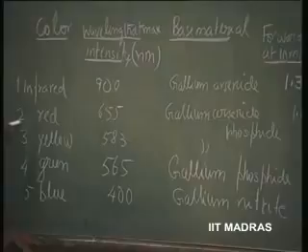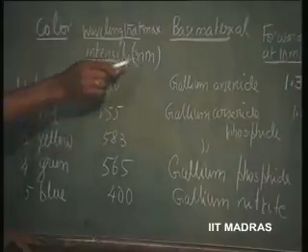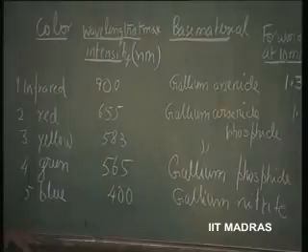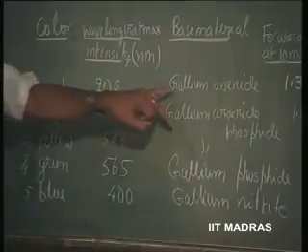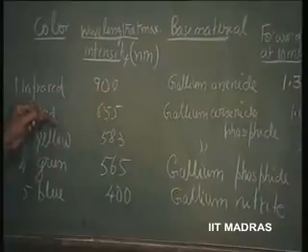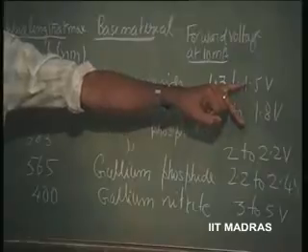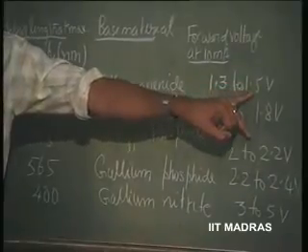Infrared, that is 900 nanometers, that is the wavelength of this particular light, and gallium arsenide is the material which gives you this color, and the forward voltage is 1.3 to 1.5 volts.